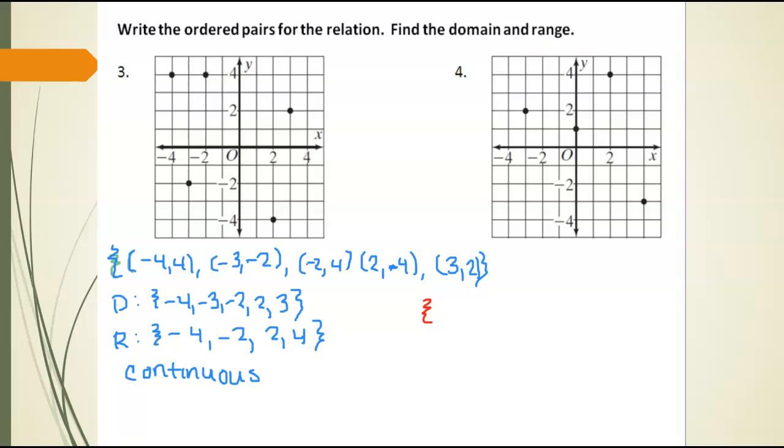And number 4, -3, 2, 0, 1, 2, 4, and 4, -3. Okay, so 1, 2, 3, 4, 4 points on the graph, 4 points in my relation.